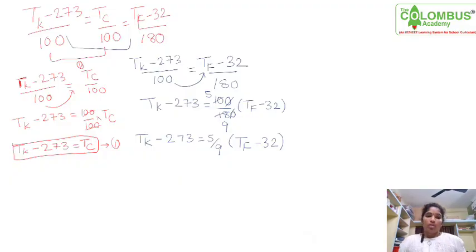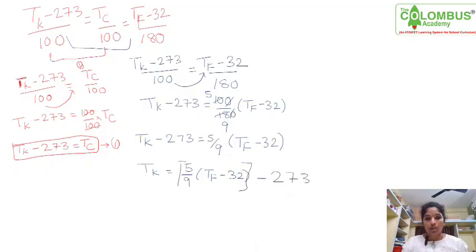Therefore, temperature in Kelvin is equal to 5 by 9 into (temperature in Fahrenheit minus 32) minus 273. That is, this whole value is subtracted by 273.